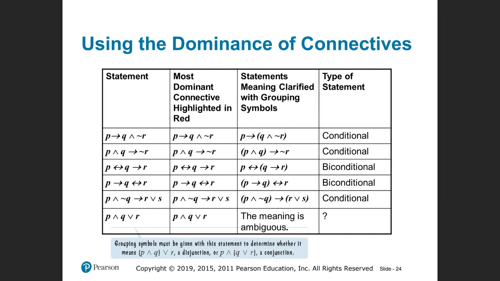So you can see by the grouping symbols that the Q, if Q then R, are inside the parentheses. The next one is also a biconditional, and this time it's going to be the opposite of the one above it because of the dominance. And for the final one, there is nothing in the type of statement because it's ambiguous. We don't really know because these had the same equality.